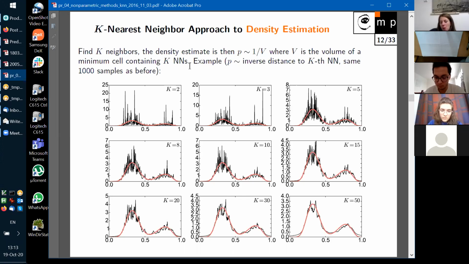In 1D, it would mean the density at a point is 1 over the distance to the nearest neighbor, because the density is the number of elements divided by the volume. Normally we think of it as defining the volume, say the density of population in 1 square kilometer, and we count the people. But we can also fix the number of people and define the volume.